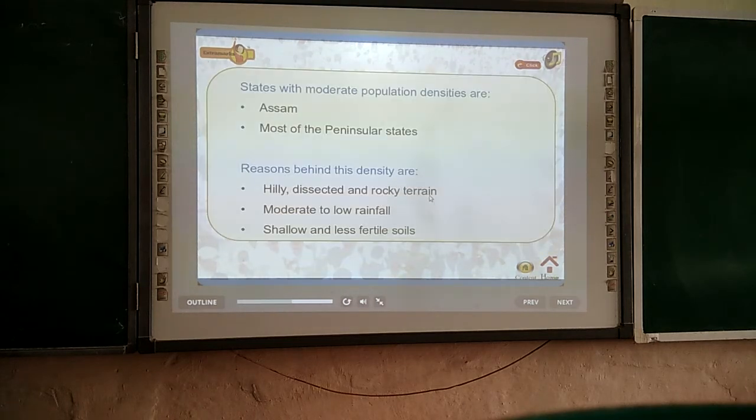States with moderate population densities are Assam and most of the peninsular states. Reasons behind moderate density of population are hilly, dissected and rocky terrain, moderate to low rainfall, shallow and less fertile soils.